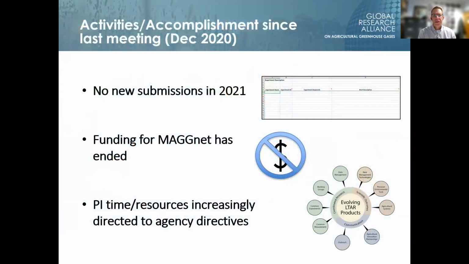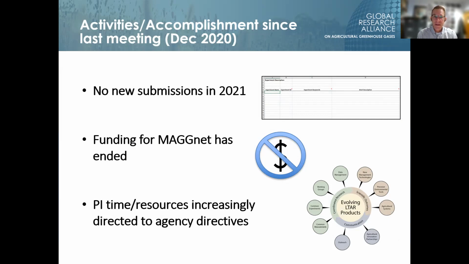As for activities since the last Croplands Research Group meeting, we've had a quiet year in 2021. No new submissions for this year. We've also had a lapse in funding to support the compilation activities associated with the network. Early on, we did have support from NIFA, which is a branch of USDA, to hire summer workers to help with entering metadata from all of the contributors.